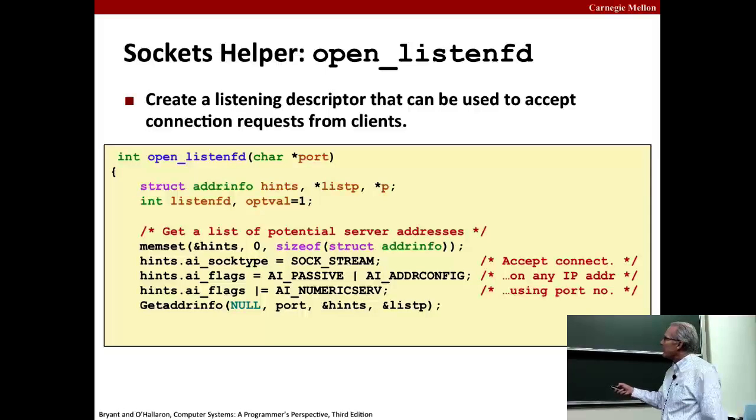I'll tell you a port number that I'm going to actually use as my server's port number. And then I'm going to make a call, and this time you see that I'm not giving any information about the host because I am the host. But I'm giving the information of the port number that I'm using for this server, and the other hints that I've just filled in, and then it will return a list p.